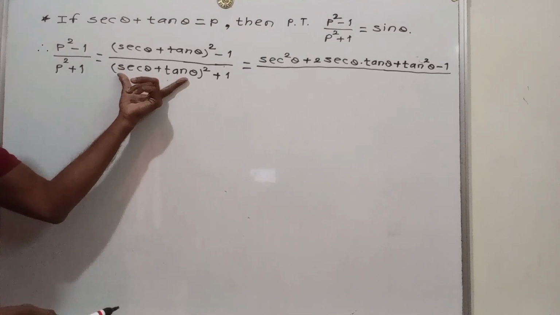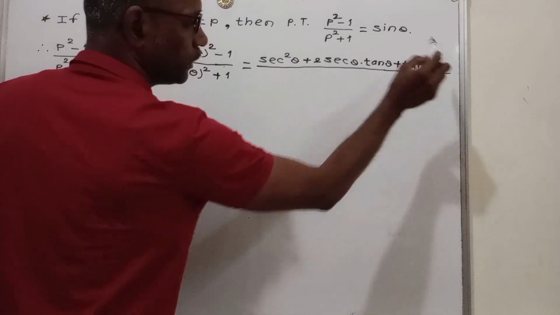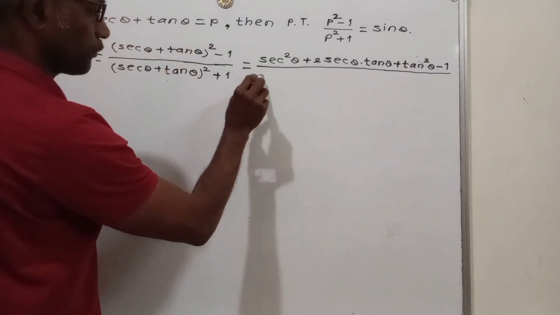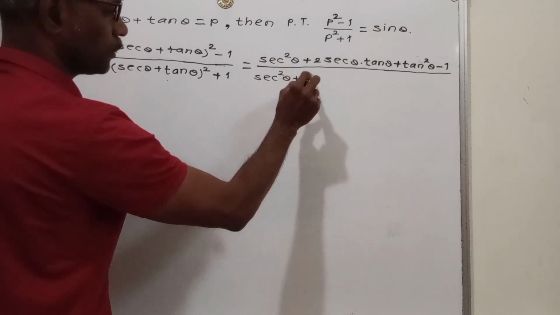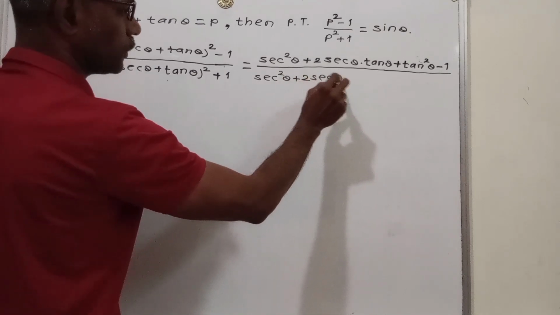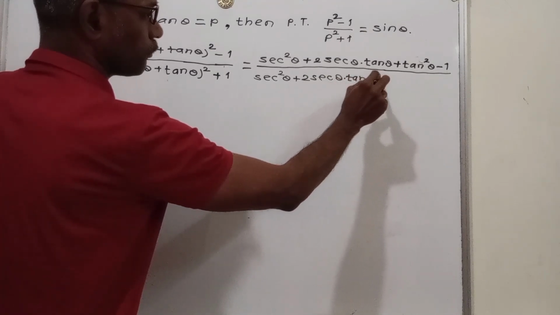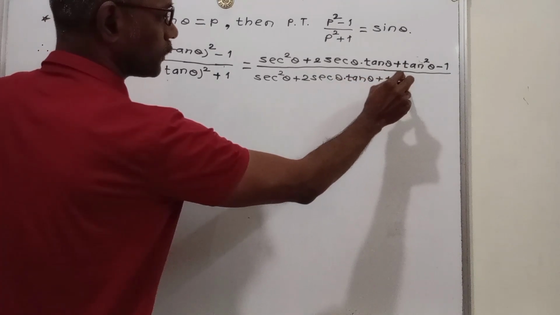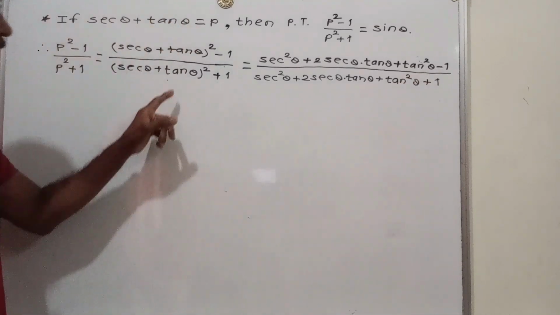Same for the denominator, (sec theta plus tan theta) bracket square, same to same, only we write plus 1: sec square theta plus 2 sec theta into tan theta plus tan square theta, plus 1.